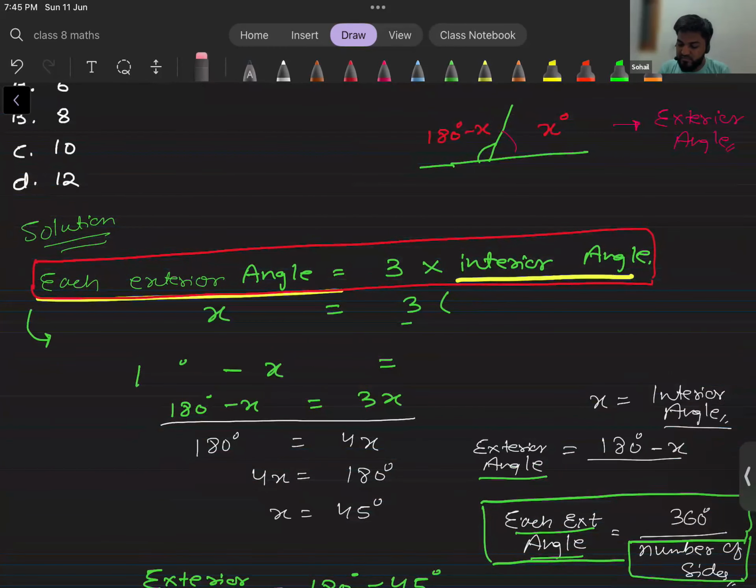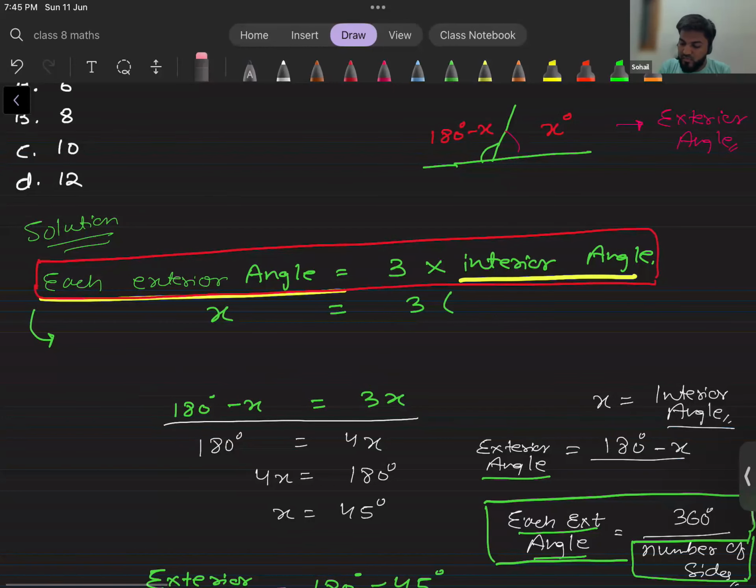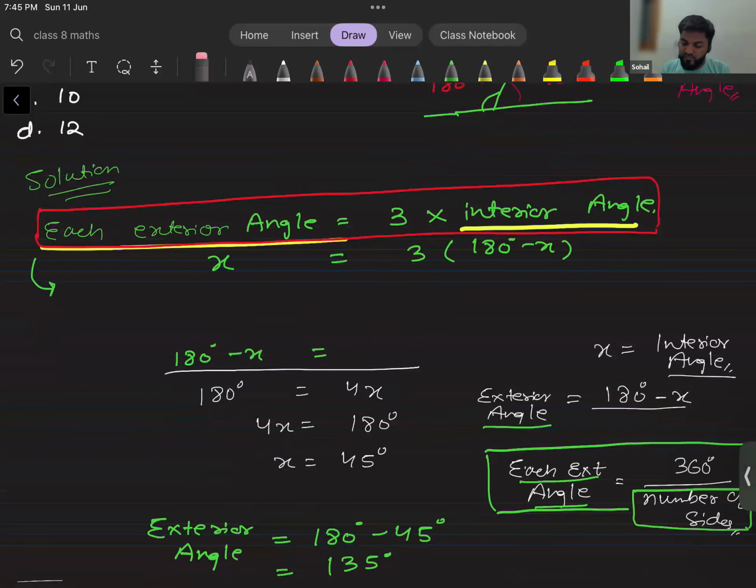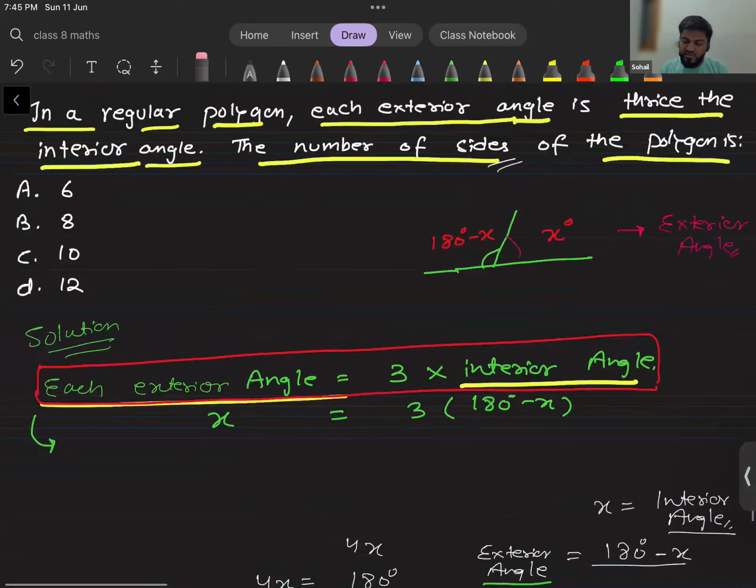Right. Okay. Ahmed, read the question once again. What does the question say?